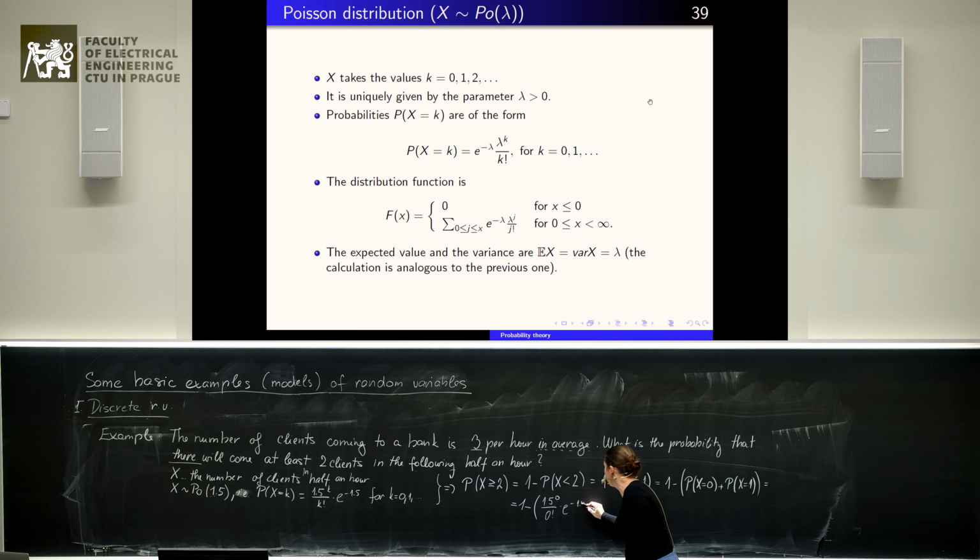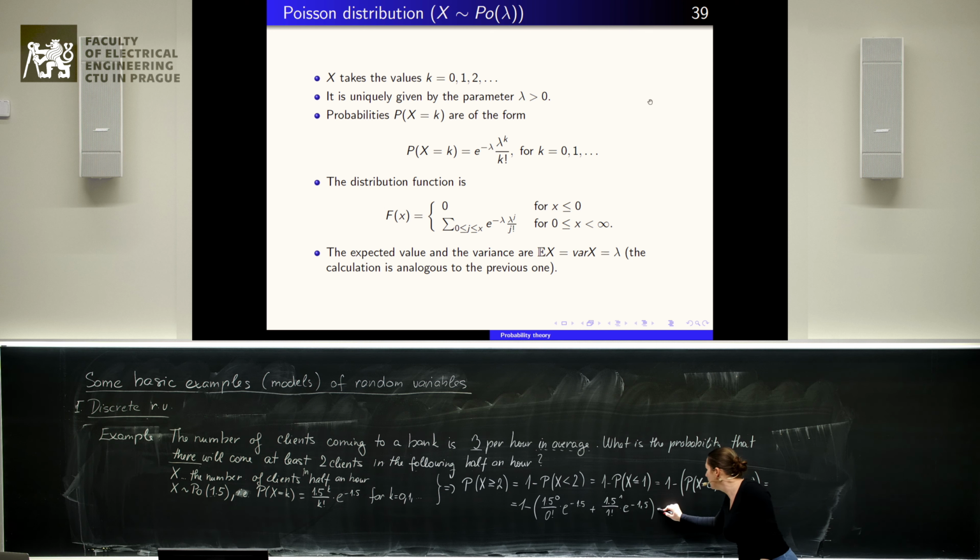And it is multiplied by e powered by minus 1.5. The probability that exactly 1 client will come in the following half an hour is equal to 1.5 powered by 1 over 1 factorial times e powered by minus 1.5.